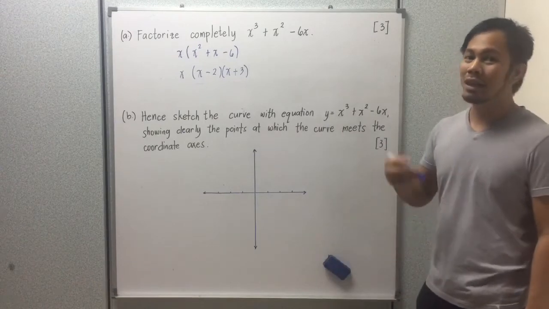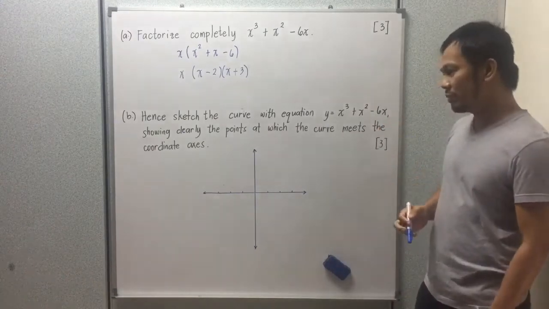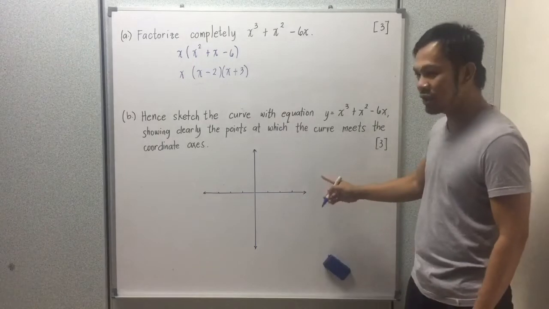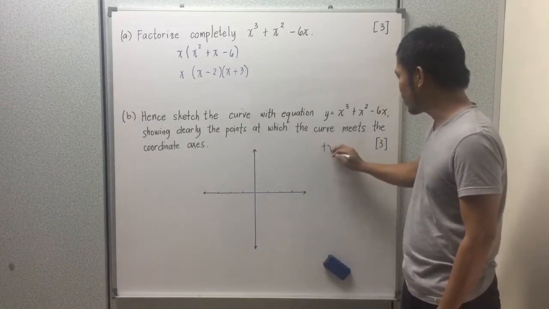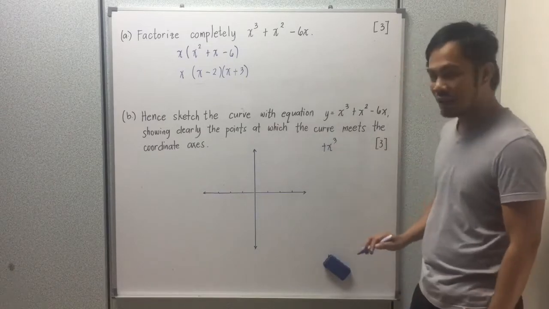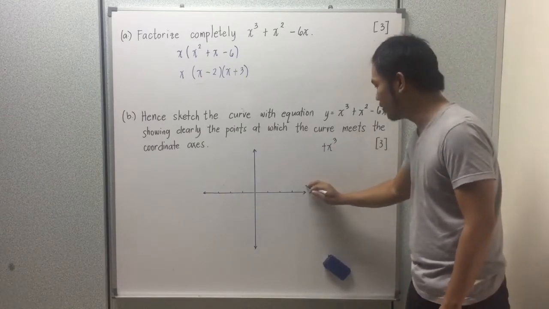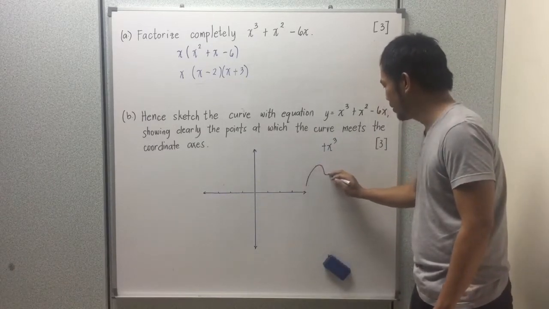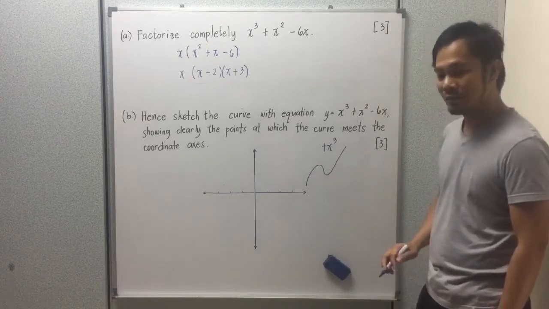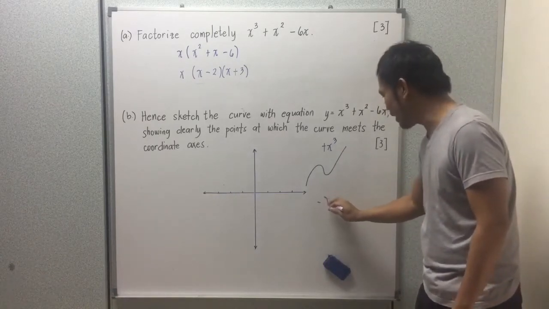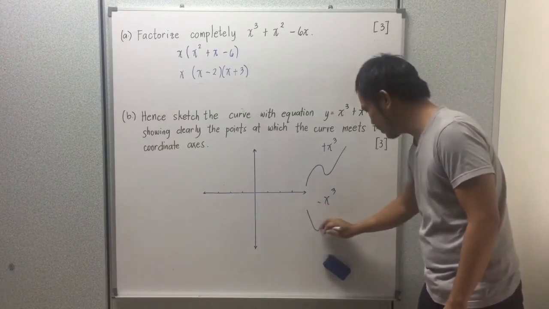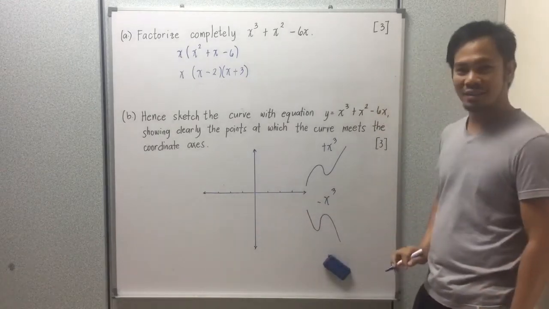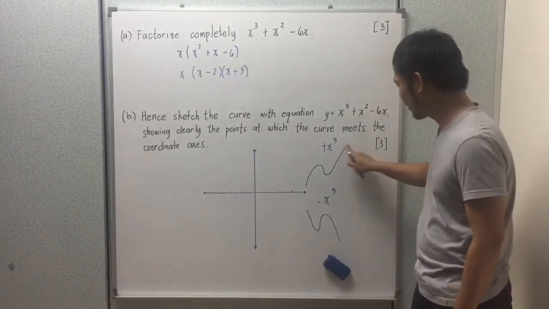One thing you need to remember about a cubic polynomial is that when it's a positive x cubed, the shape of the curve will be like this. If it is negative x cubed, the shape of the curve will be like this.